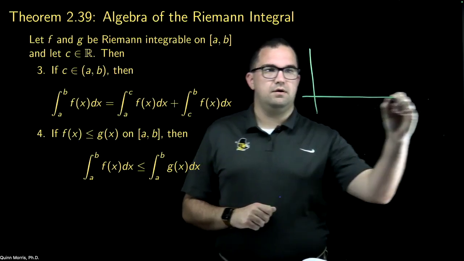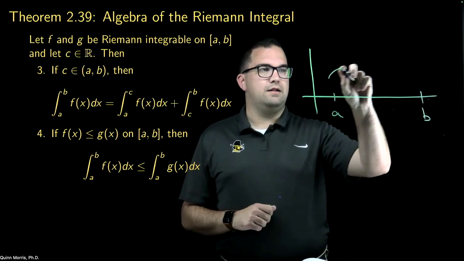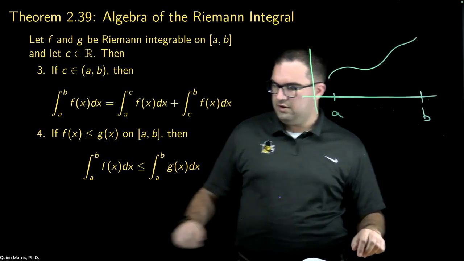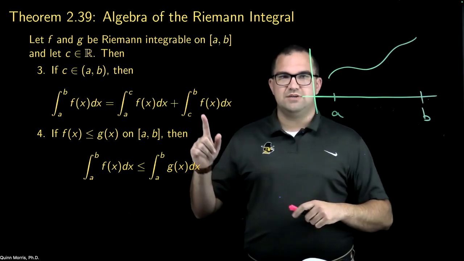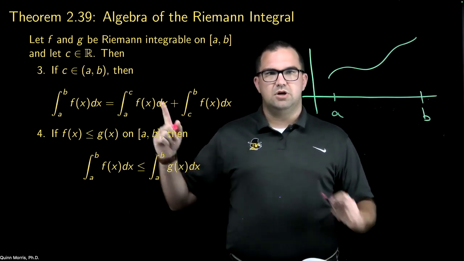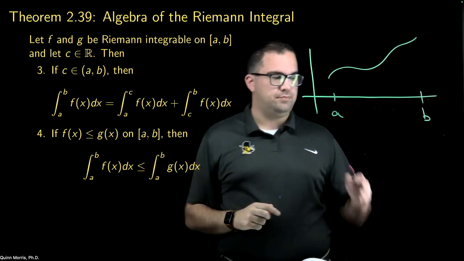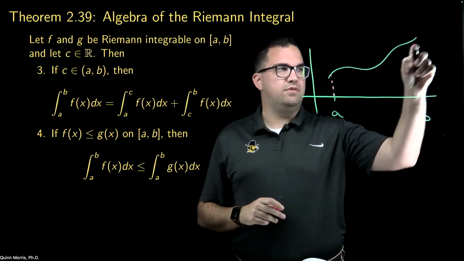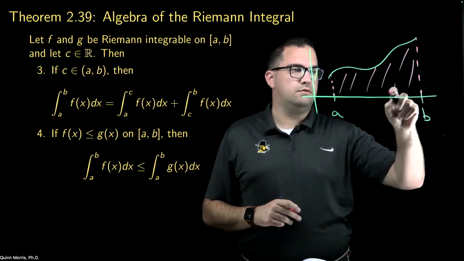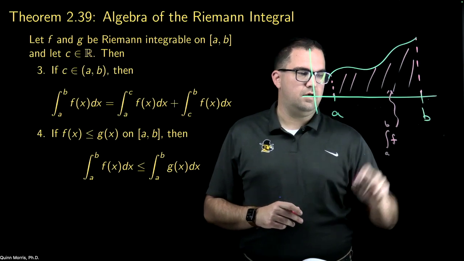So the picture we want in our minds here, right? I have some function, and we want to be a little careful. This is actually saying a couple of things implicitly. So my assumption is that f is Riemann integrable on ab. So I can think of this pink area here as representing the integral from a to b of f.